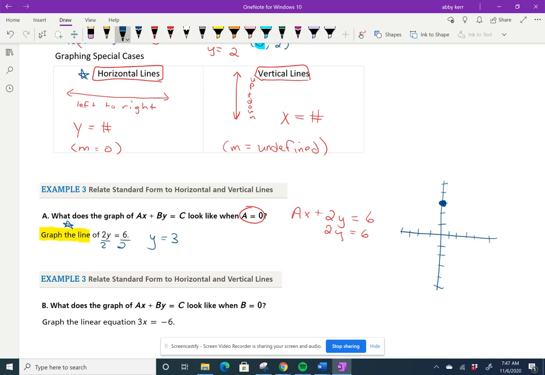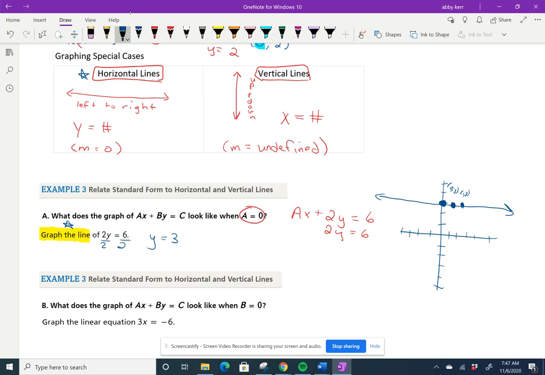We need to find where y is 3. Y is always 3 horizontally. So, for example, that point was 0, 3. The point right next to it is 1, 3.